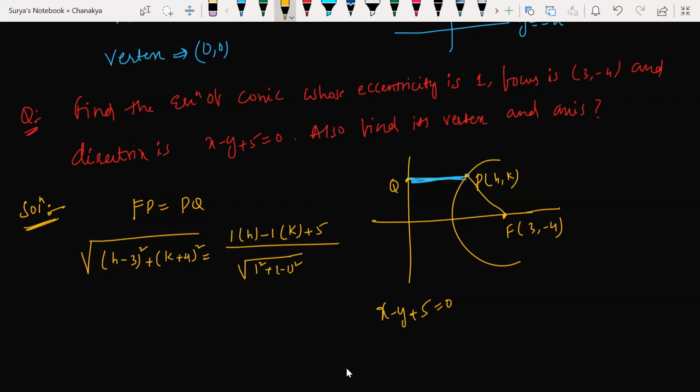B is minus 1, right? So the square root of (h minus 3) whole square plus (k plus 4) whole square is equal to (h minus k plus 5) divided by square root of 2. Am I correct?